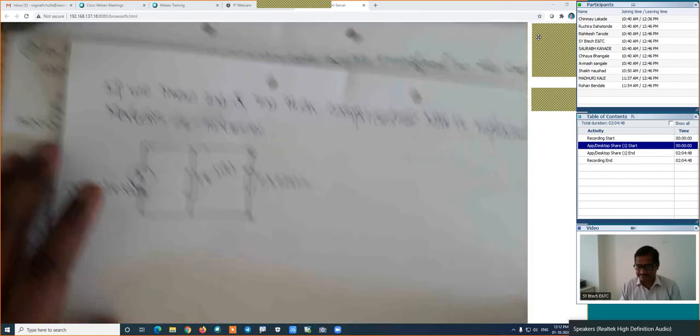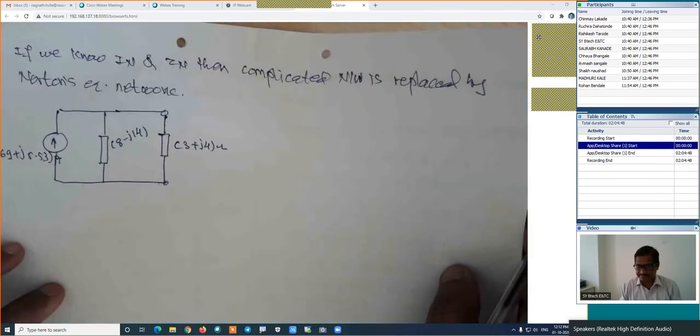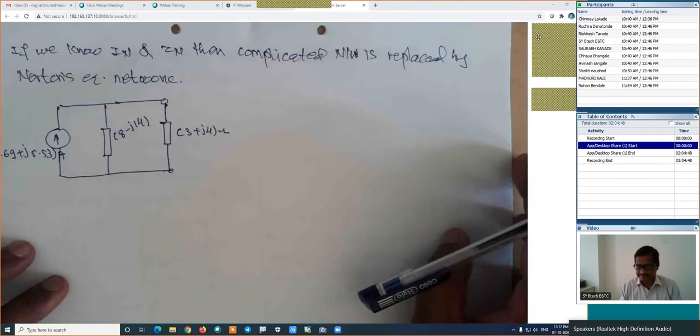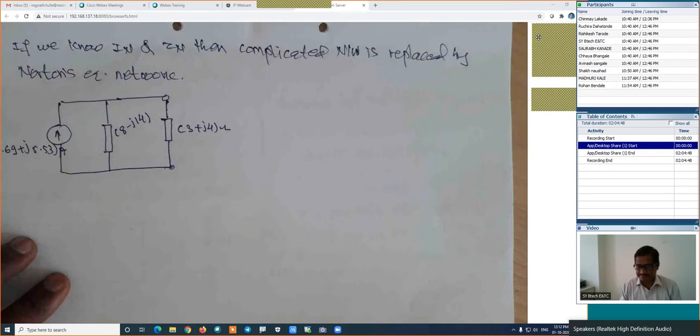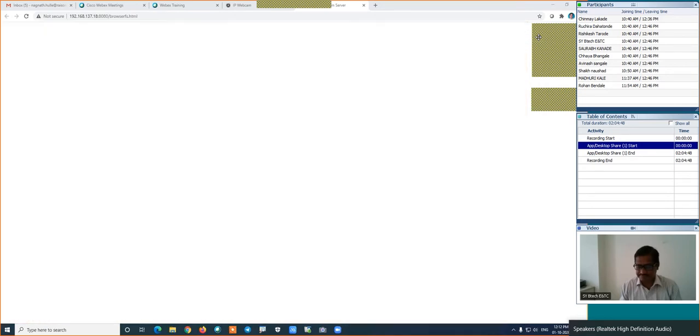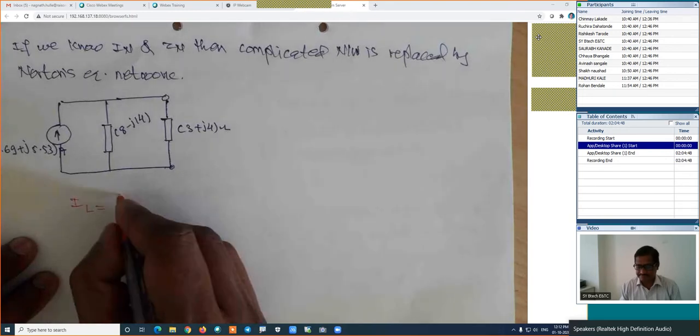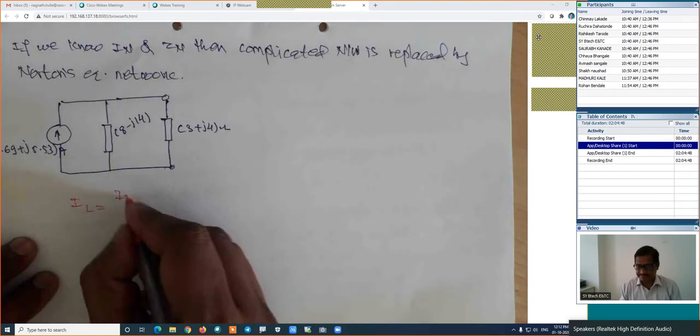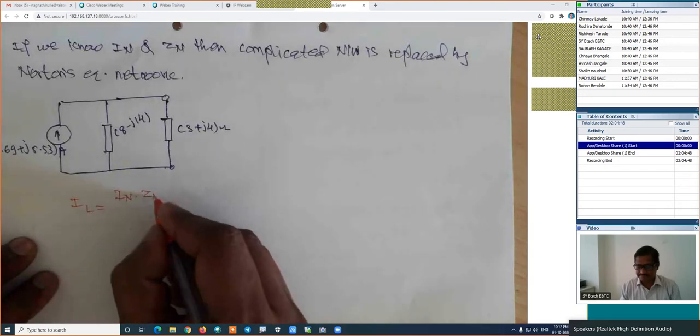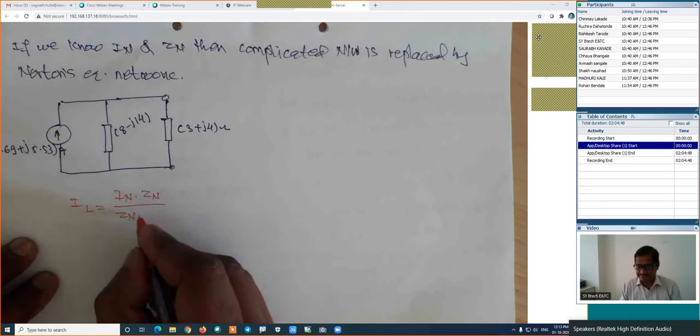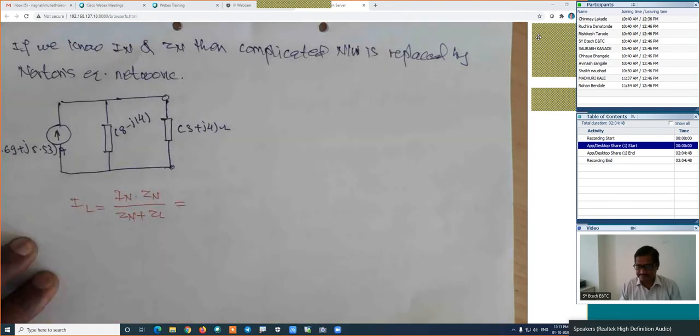Now here, if we know these values, then we can find out the load current flowing through the load impedance. In this case, this IL is equal to, I will write the formula first, In into Zn divided by Zn plus ZL, which is equal to, how much is the In?